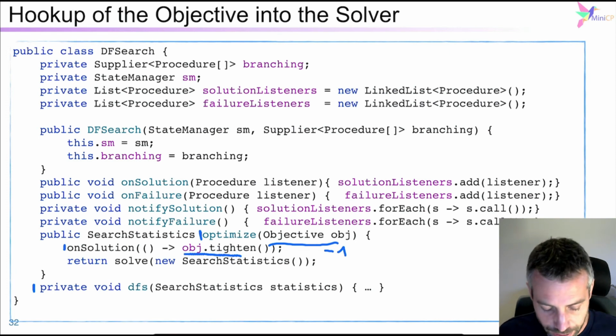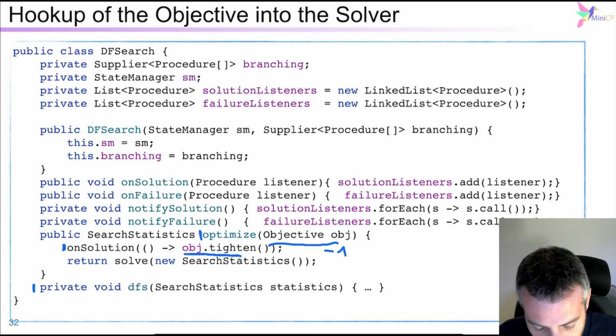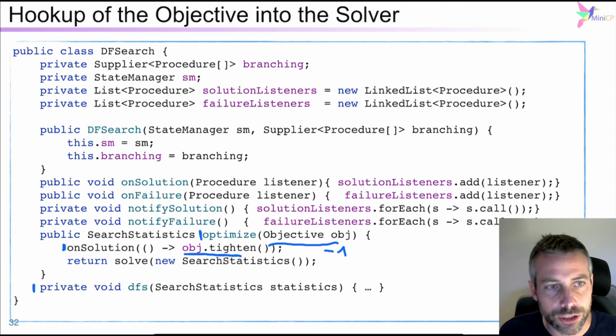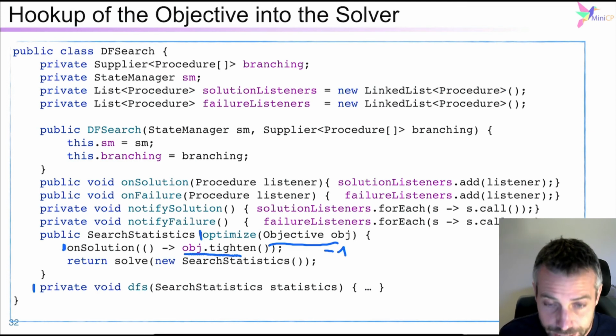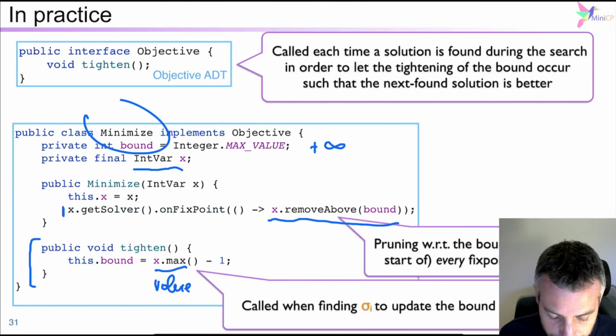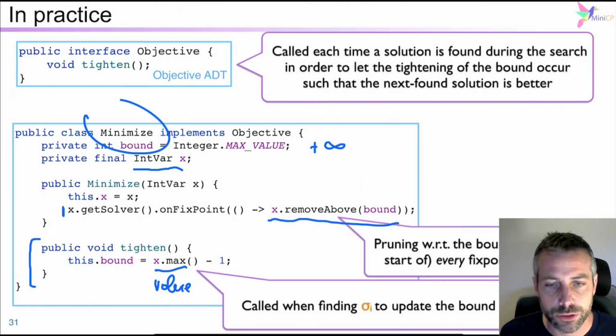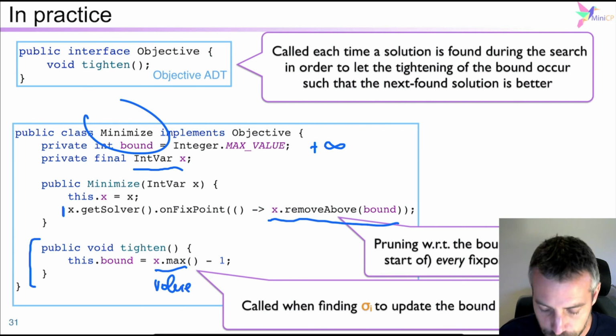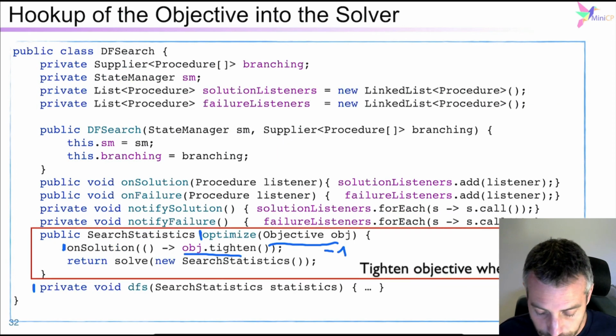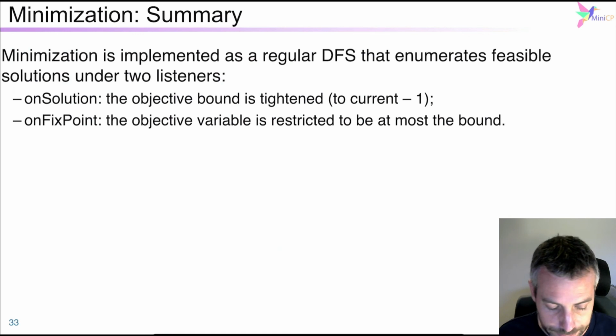We just have some hookup, some instrumentation, to make sure that we tighten the objective every time a new feasible solution is found. And we also make sure that every time the fixed point algorithm executes, we remove all the values beyond the current best bound for this objective variable. And that's it. This is how optimization is done in constraint programming.